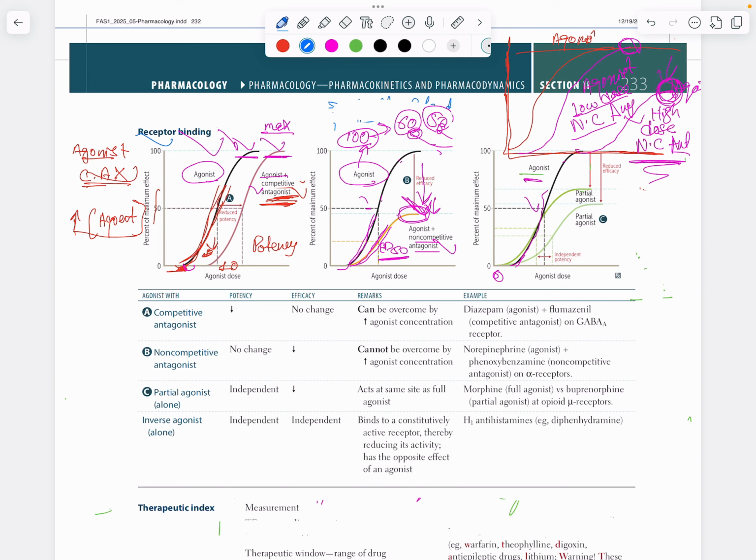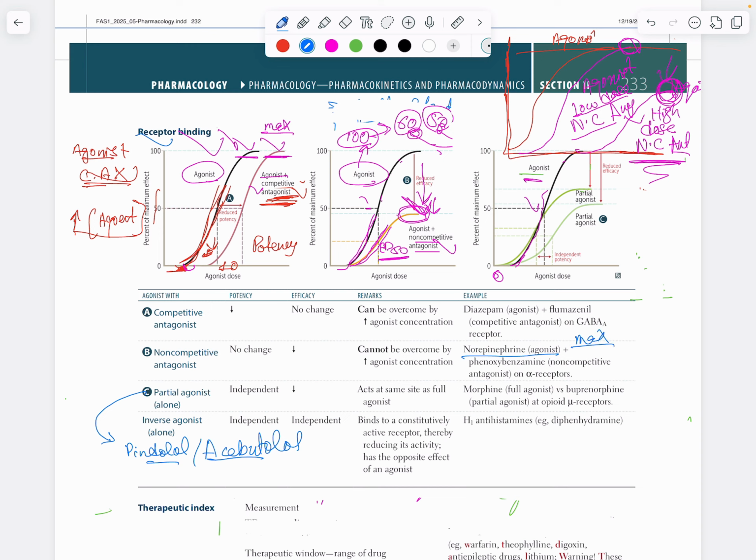Now I want to discuss a little bit about partial agonism, because I have some examples like pindolol and acebutolol. These were all antihypertensive drugs we were using in past times. They activate the beta receptor, but to a lesser degree, like less strongly than norepinephrine. If you know, norepinephrine is the full agonist with maximum effect.